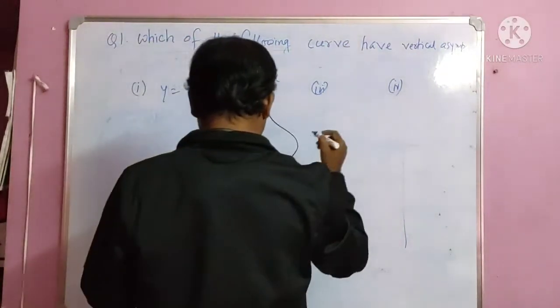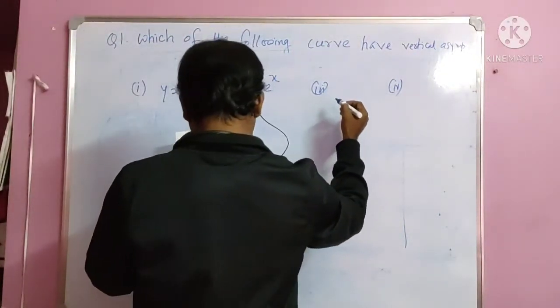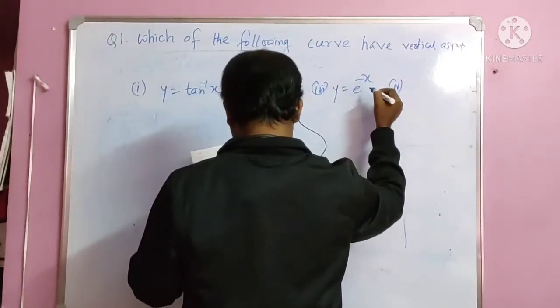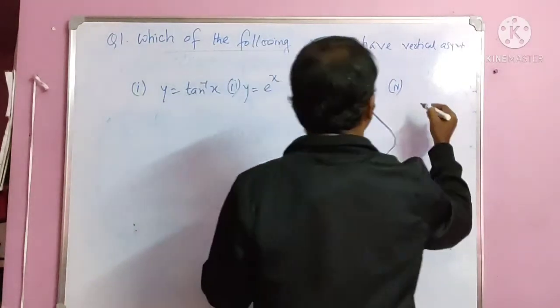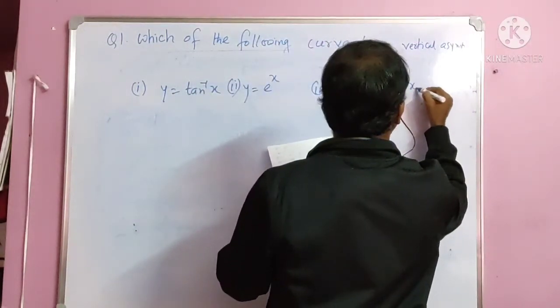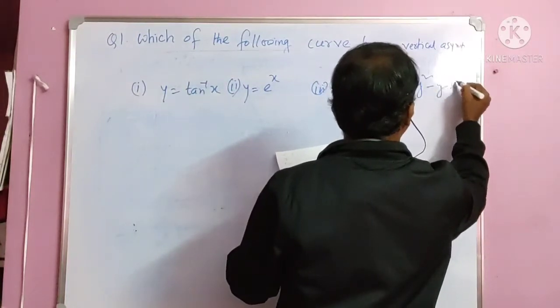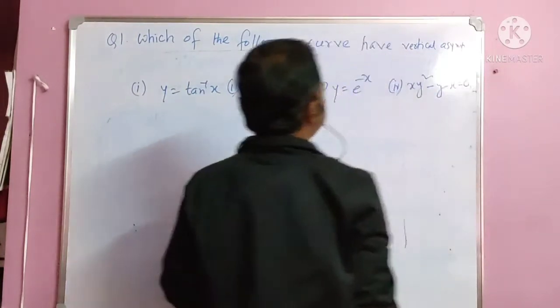Number 3, y equals e to the power minus x. Number 4, xy square minus y square minus x cube equals 0.